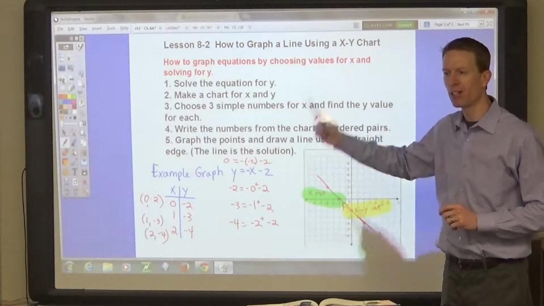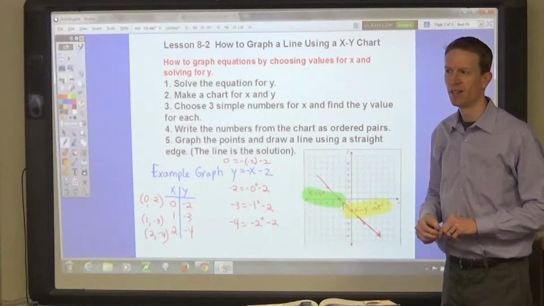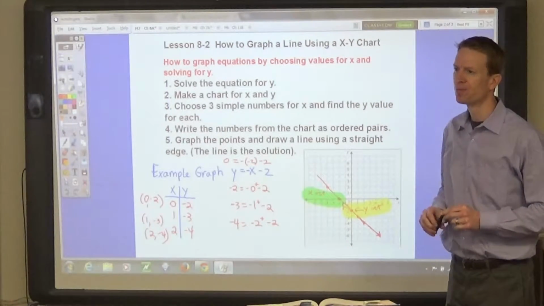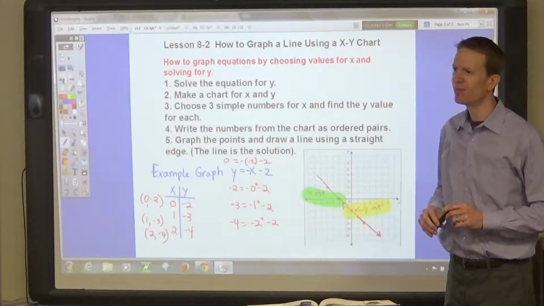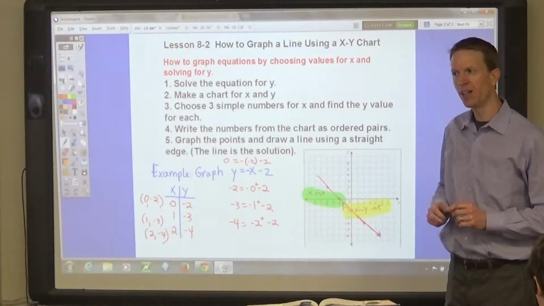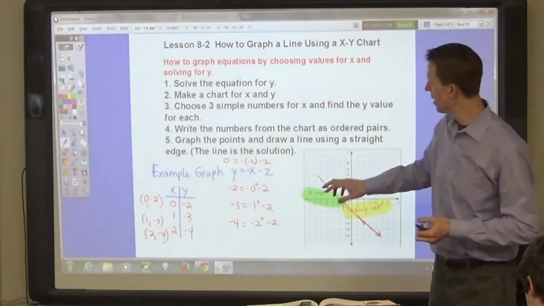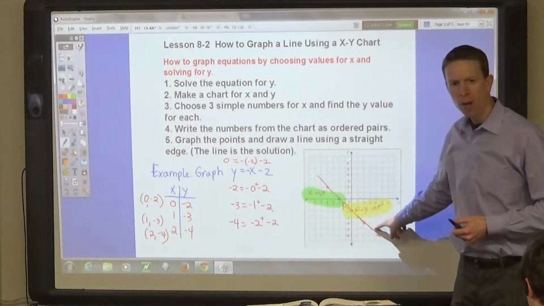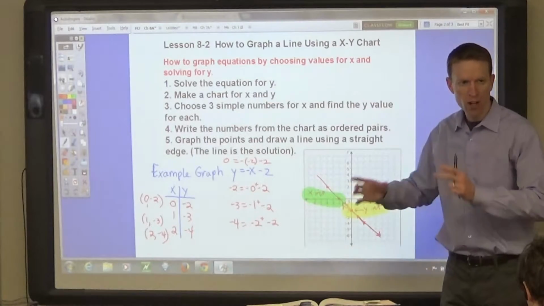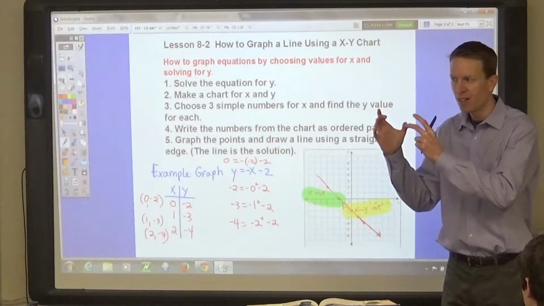Why do we need to graph a line? John? Okay, good. Yeah, that's an application for a line. A line gives us a bunch of numbers that go together. Those are called ordered pairs.